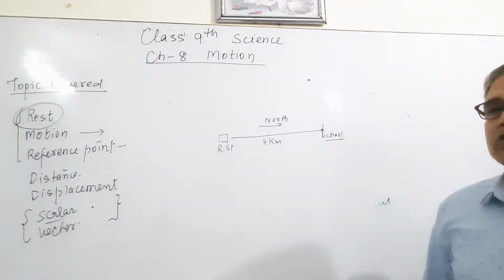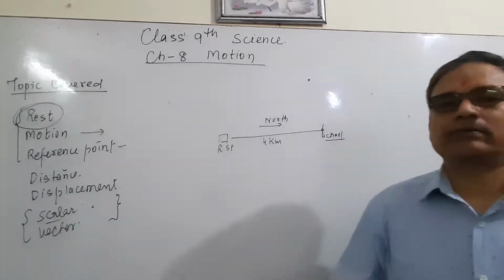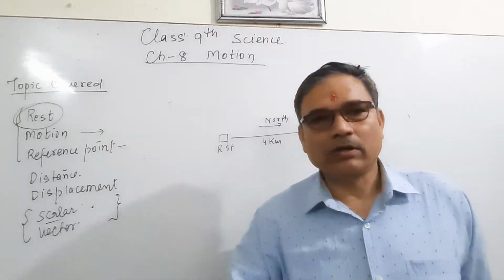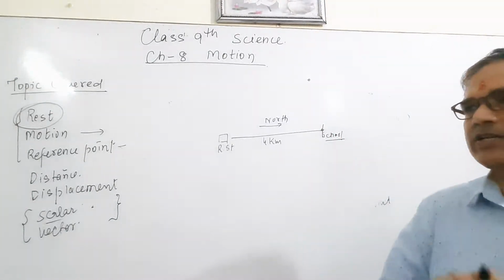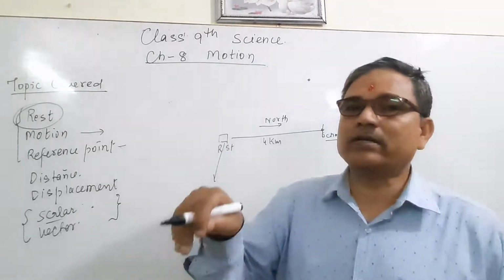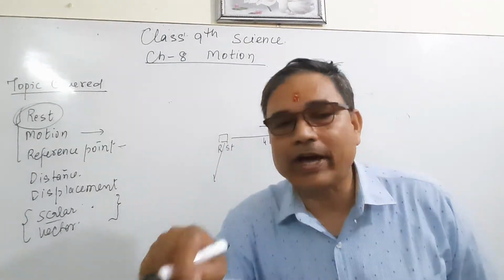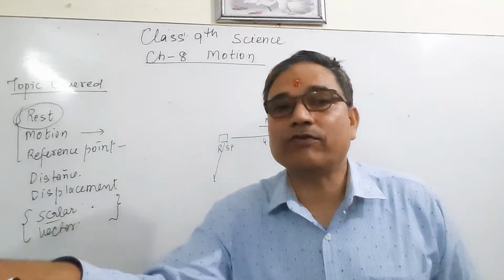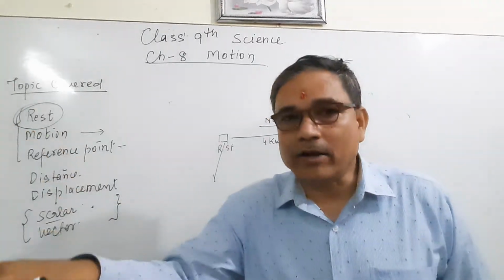So the school is away from where? From the railway station. And from where are we measuring the distance of the school? From the reference point, from the origin, from the starting point.